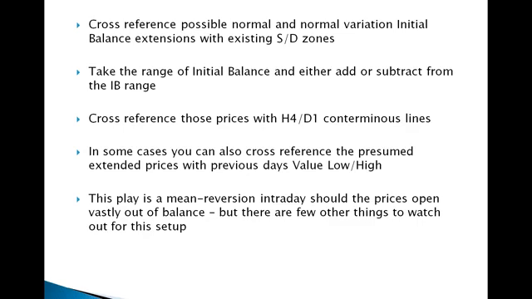And since you should already know which direction you want to go, you would either add the 40 pips to the top of initial balance for longs, or you would subtract it from the bottom of initial balance for shorts. For normal variation targets, that would be 80 pips, because you will be looking for a double initial balance extension. That way you have a possible target for your presumed trade.